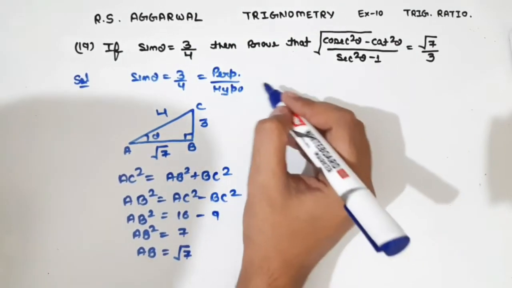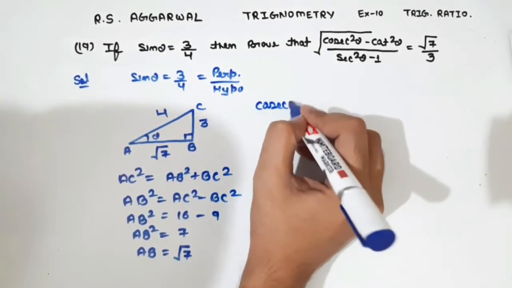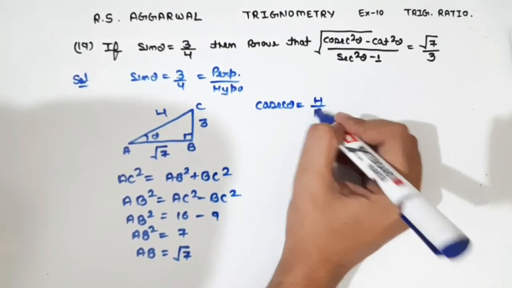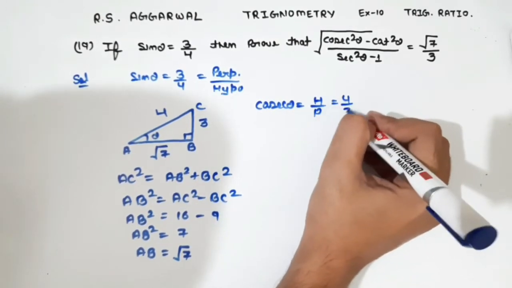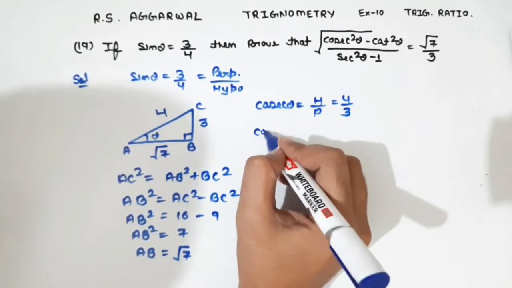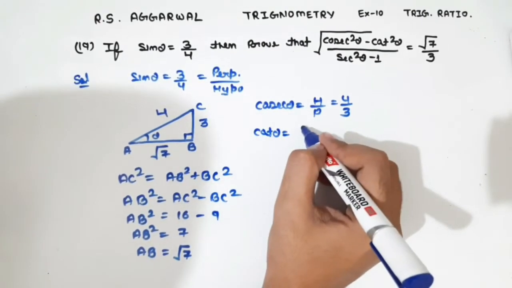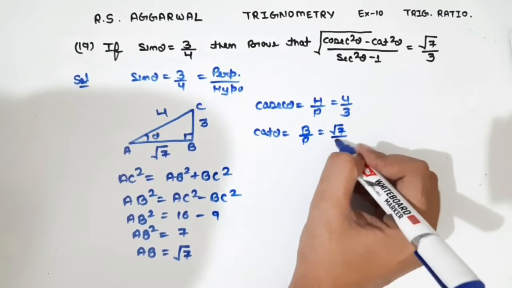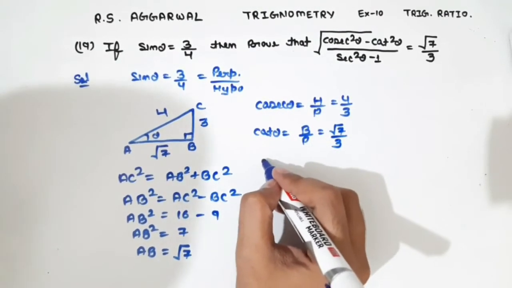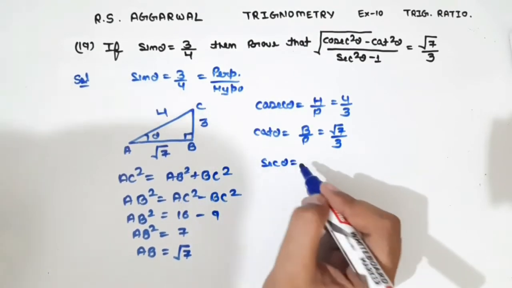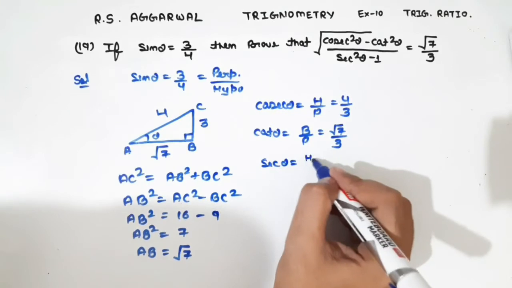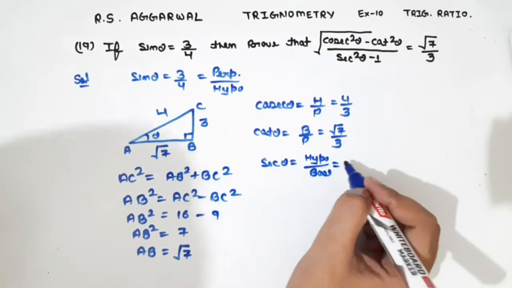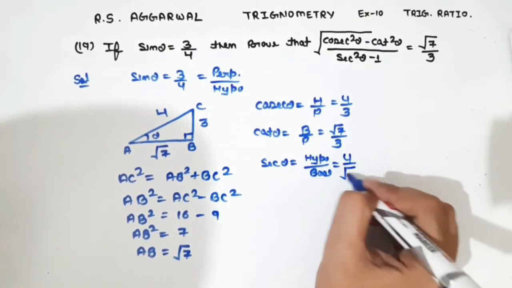So now cosec theta will be equal to hypotenuse upon perpendicular, that is 4 upon 3, and cot theta will be base upon perpendicular, that is root 7 upon 3, and at last sec theta will be hypotenuse upon base, that will be equal to 4 upon root 7.